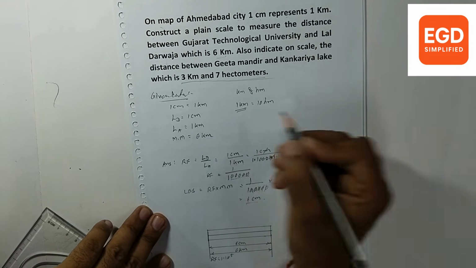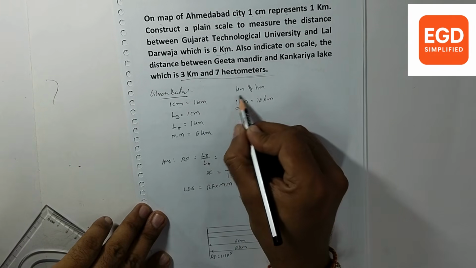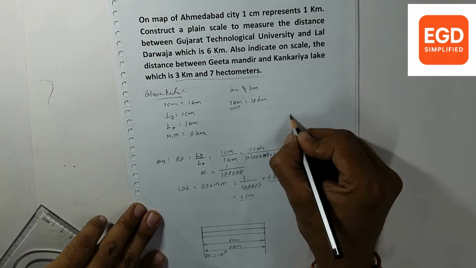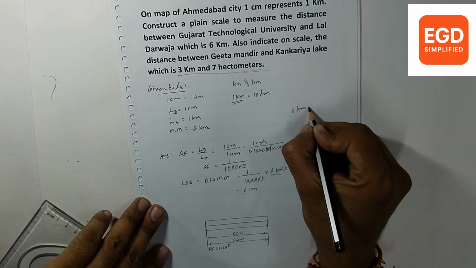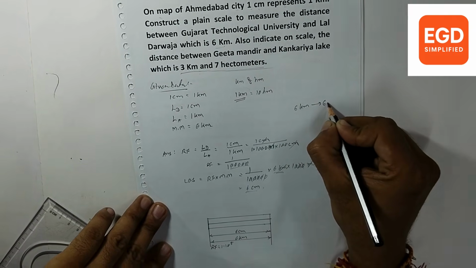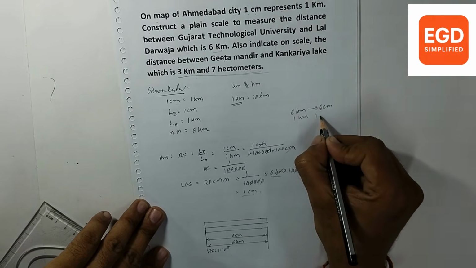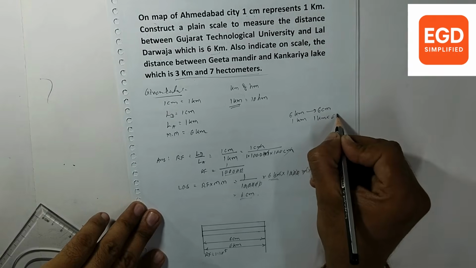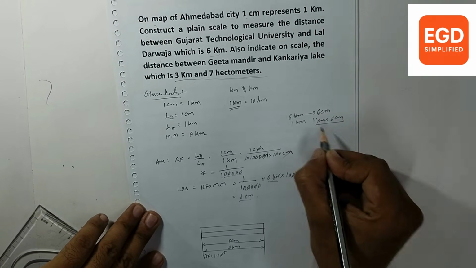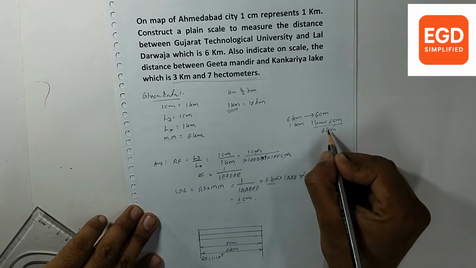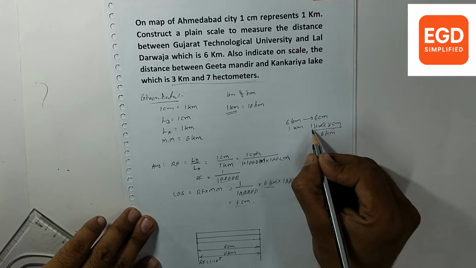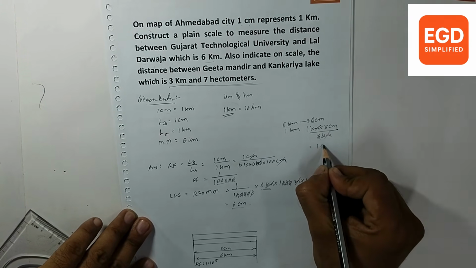So it is required to plot the smallest division of 1 kilometer. We have 6 kilometers indicated by a 6 centimeter long line. So 1 kilometer can be represented by 1 kilometer into 6 centimeter divided by 6 kilometers. Kilometer cancels, 6 cancels, 1 centimeter.